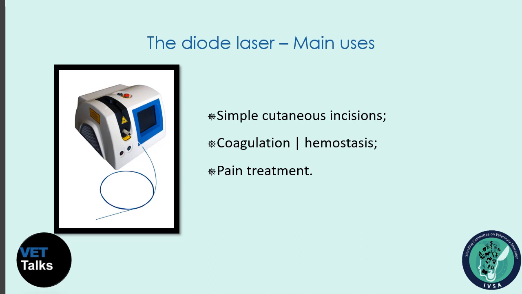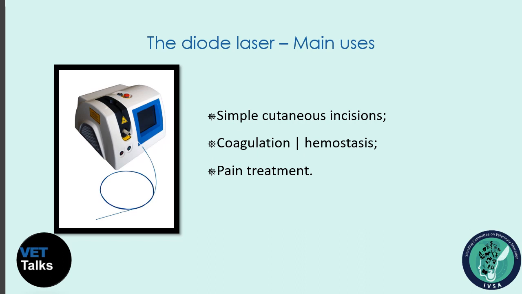Its main uses are basically simple cutaneous incisions, especially in contact mode, continuous wave with 7 to 9 watts of power, coagulation as well, because it's well absorbed by hemoglobin and oxyhemoglobin, as we saw before, and pain treatment as well, with a low power density for the treatment of chronic pain.